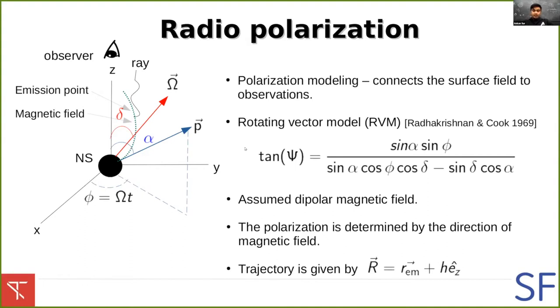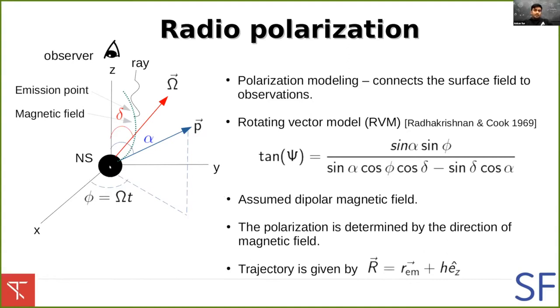Therefore, tan of this position angle psi is given by the magnetic field along the y-axis divided by the magnetic field along the x-axis. And this model assumes a dipolar magnetic field.